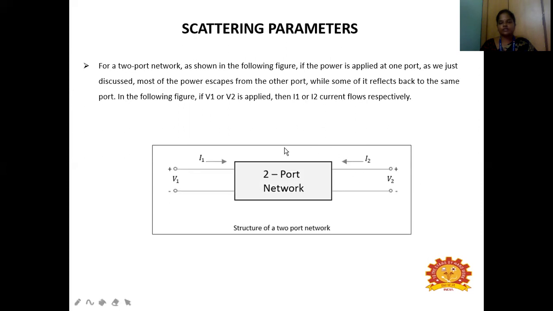So this is the structure of a two-port network. If the power is applied at one port, then most of the power escapes from the other port. Some of the power will be reflected back to the same port. Here V1 and V2 are applied, and I1 and I2 are the currents flowing into the two-port network.